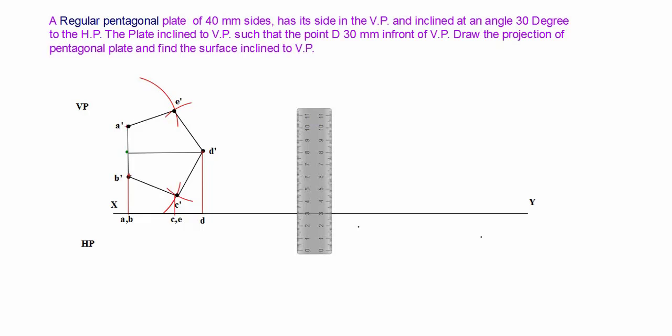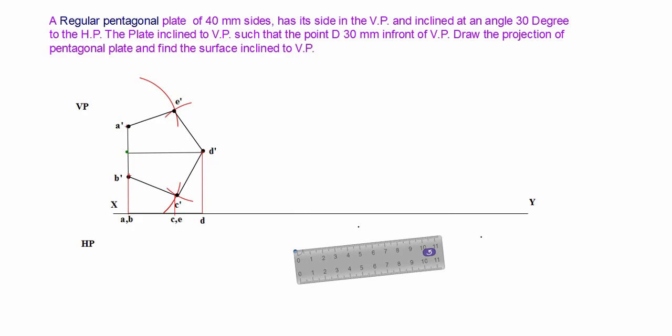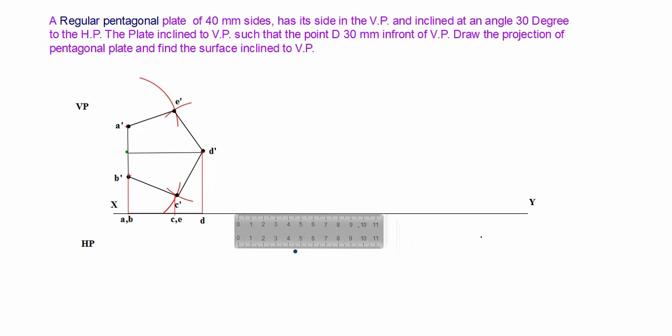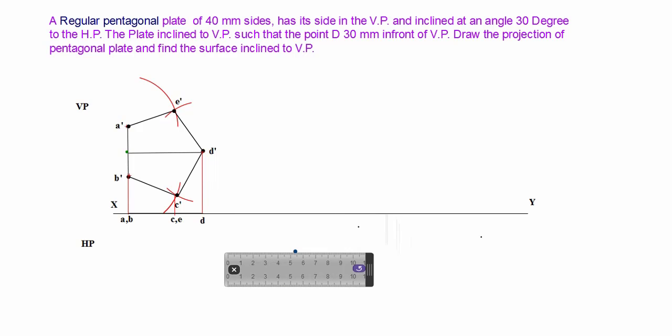So for that, first we mark a point 30 mm from the XY line. From this point we draw a line parallel to XY.